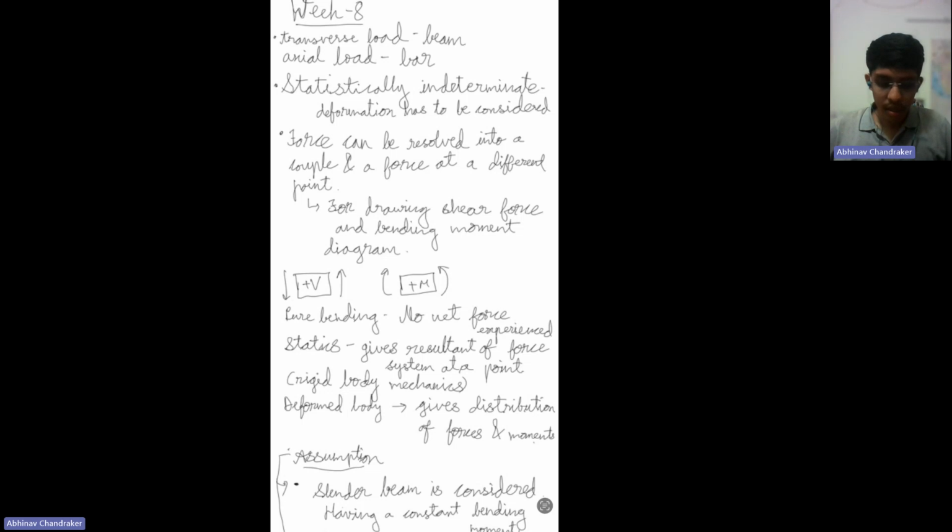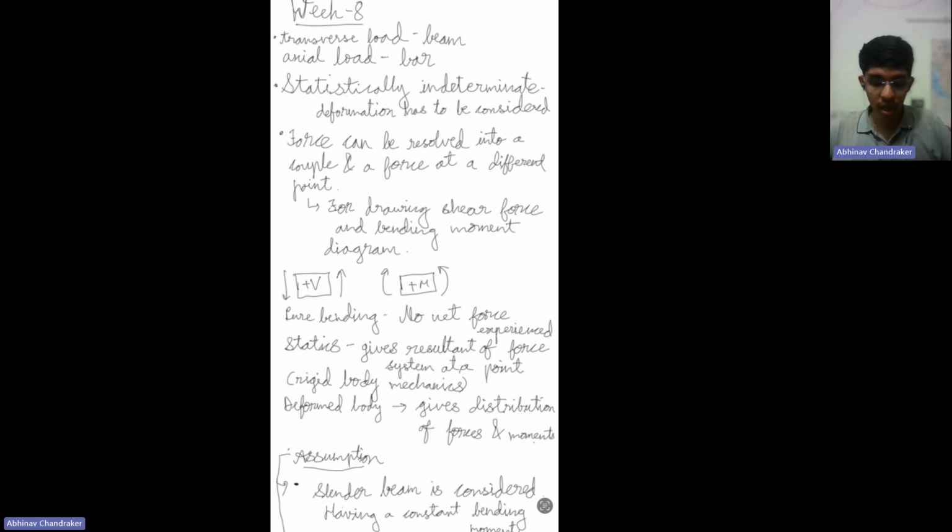Then Sir explained that there are certain situations in which, for a particular loading, you can find out what the forces and the moments are which are being experienced at different points in the members. But there are certain kinds of loadings in which that is not possible. It's not possible to find the exact forces and moments.